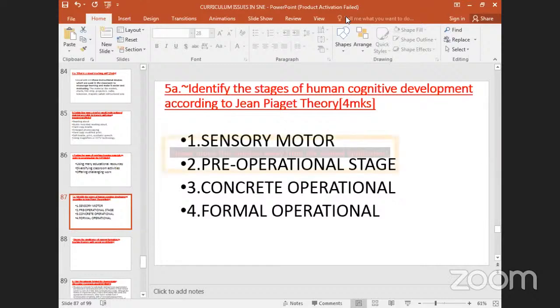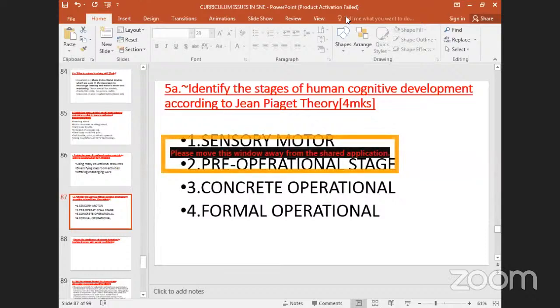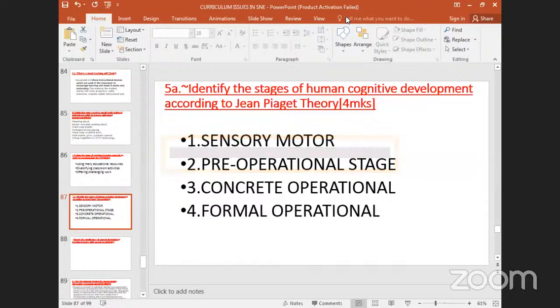Yeah, so we talked about the sensory motor stage, and we also talked about the pre-operational stage. Then we also talked about the concrete operational stage. And then finally, we talked about the formal operational stage. And these stages, they all have ages assigned to them.